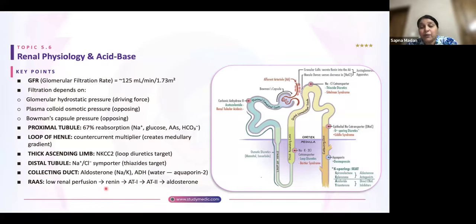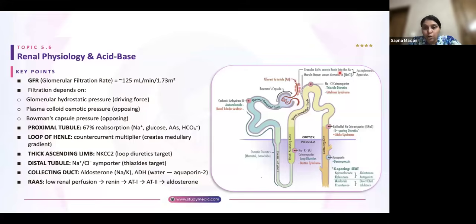Then we have in the juxtaglomerular apparatus the macula densa. If there is a reduction in sodium chloride, or the salt, this will sense that there is a reduction in the sodium, and this will stimulate the granular cells which are present. These will secrete renin into the afferent arterioles, and then the renin is going to activate the RAAS, or the renin angiotensin aldosterone system.